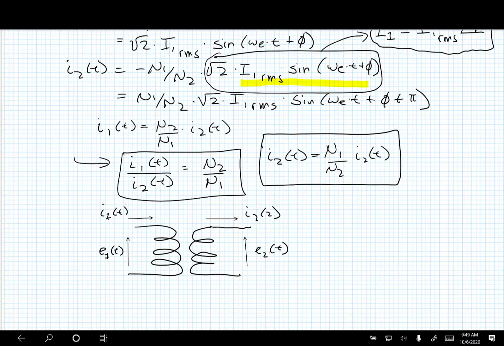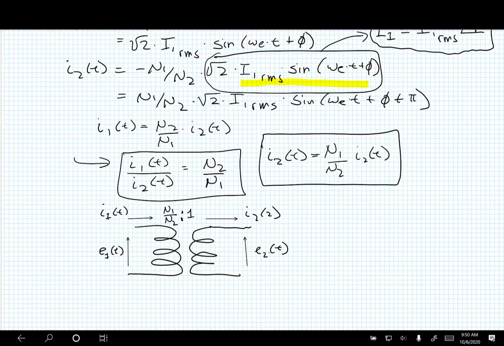There's another thing I can do with my turns ratio. Typically you put a colon and put your turns on each side, but if I divide both sides of the turns ratio by n2, I'd have an n1 over n2 to 1 ratio. This is the common way that transformers are represented.